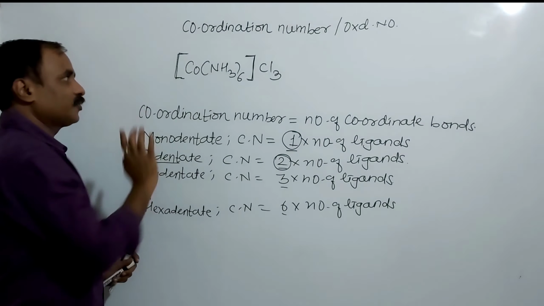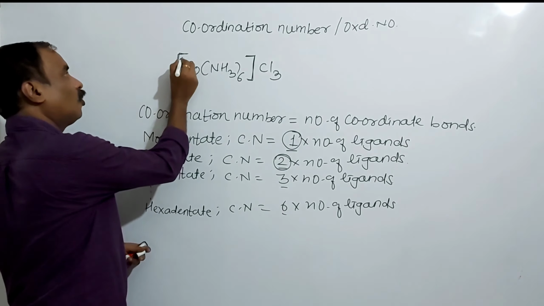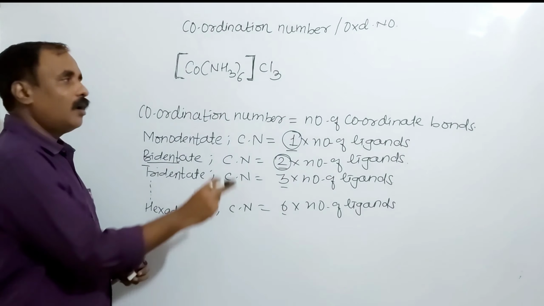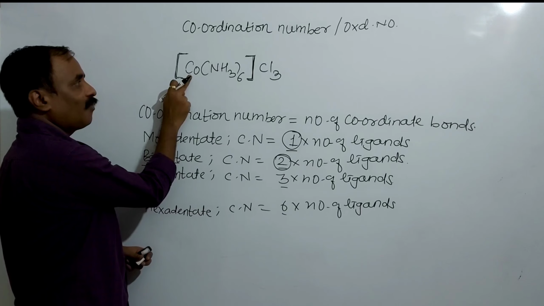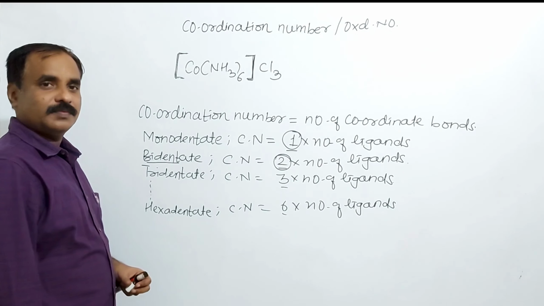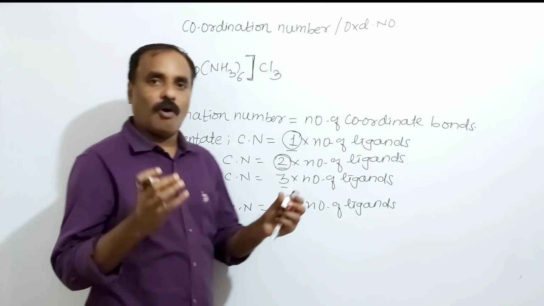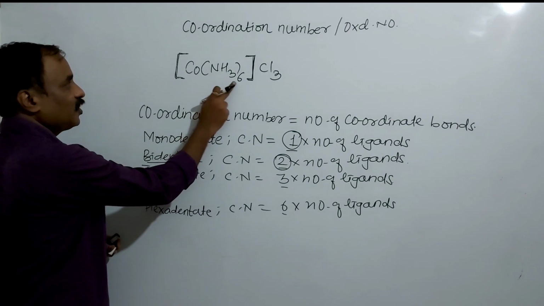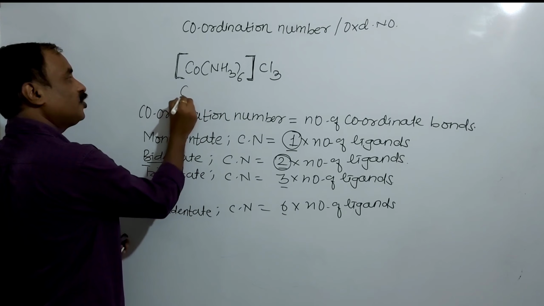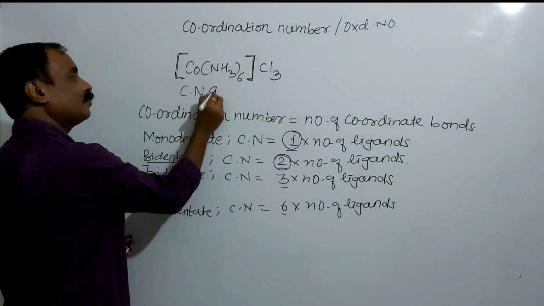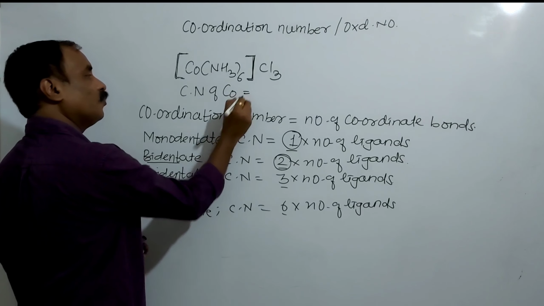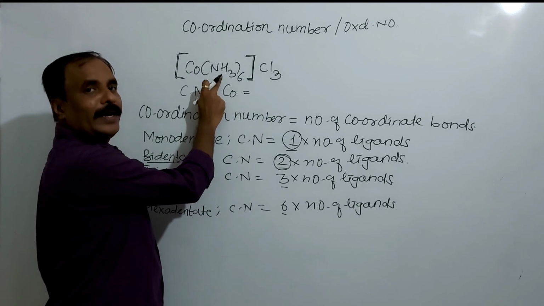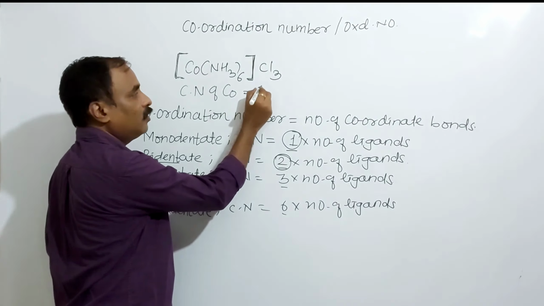Now back to this complex, in the square bracket. Here we have to find the coordination number of cobalt, which is the number of coordinate bonds to that metal. How many ligands are there? 6 ligands. Ammonia is monodentate, so 1.